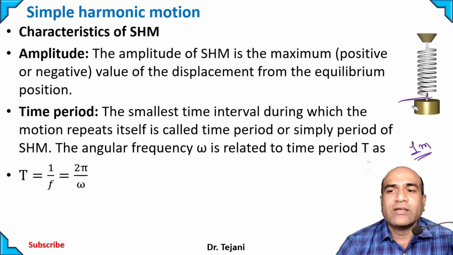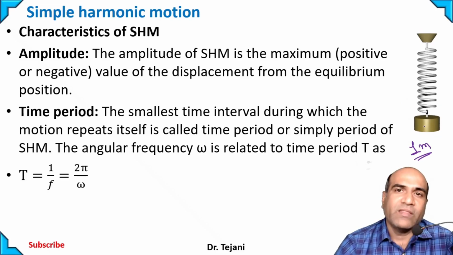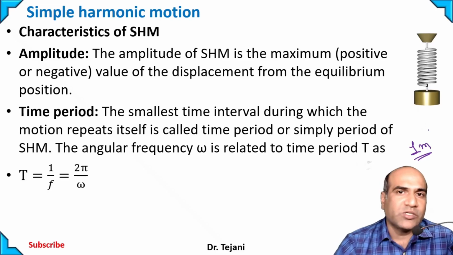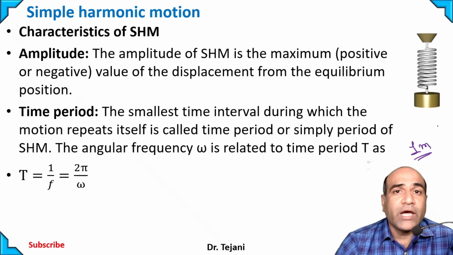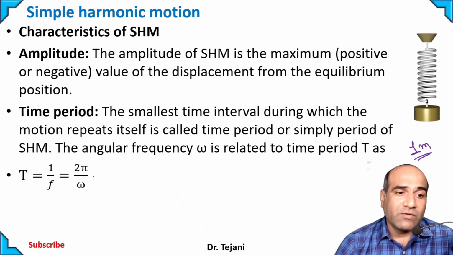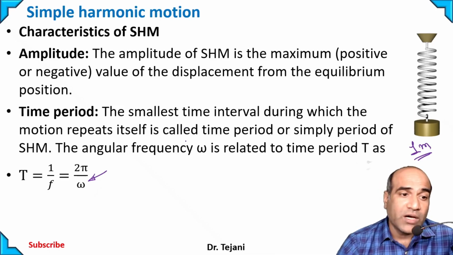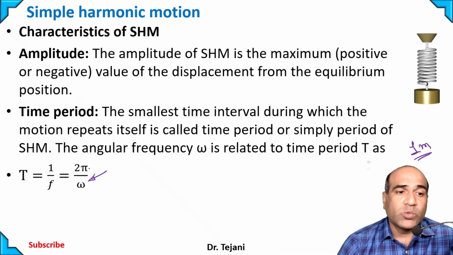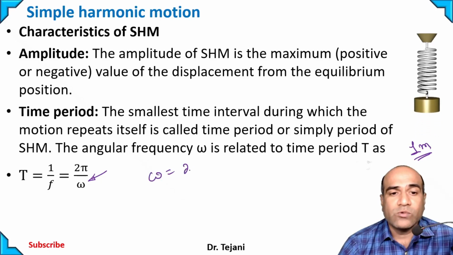So frequency is the number of occurrences per unit time, and the time period is exactly the opposite: the time required for every occurrence. And we can convert this into angular frequency omega. T is equal to 2 pi by omega, or we can write omega is equal to 2 pi f.